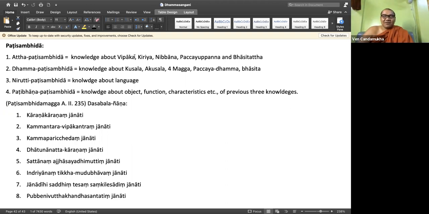So we are something like descendants from the Brahma abode. Actually, not directly from the Brahma; they may have died from the Brahma abode.